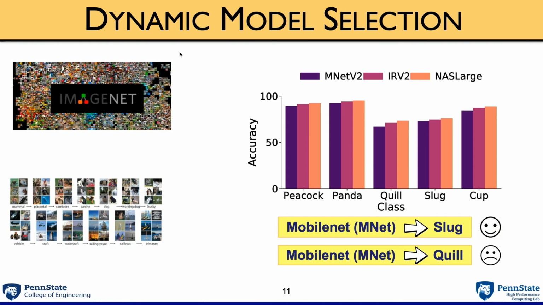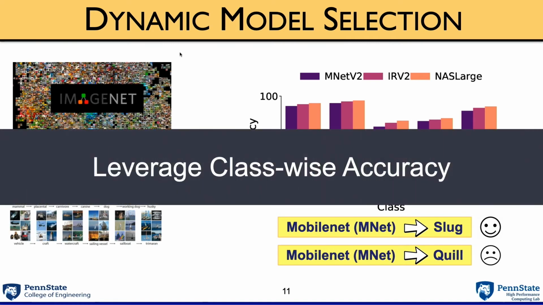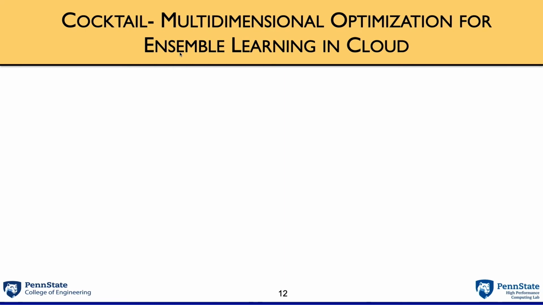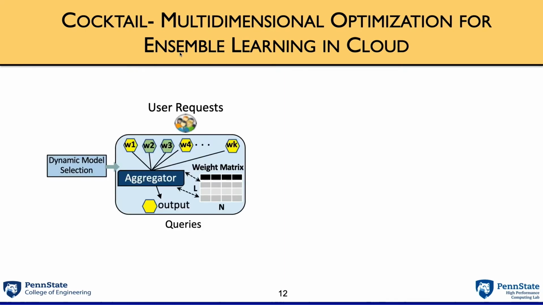In ImageNet, it detects slug very accurately, but when it comes to quill, it performs really badly. So we thought, let's leverage this and build a dictionary of accuracy of each class for each model. That can help us do a weighted selection for whatever classification we're doing.